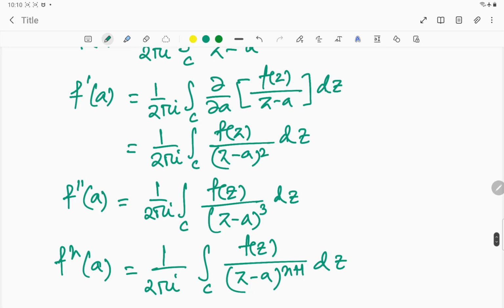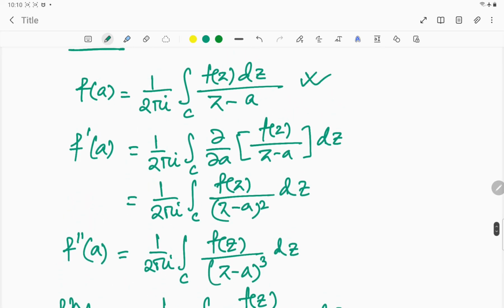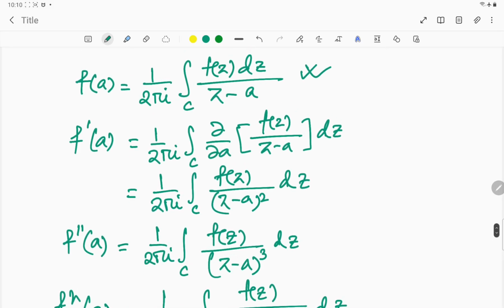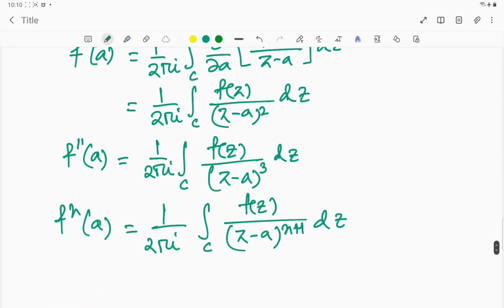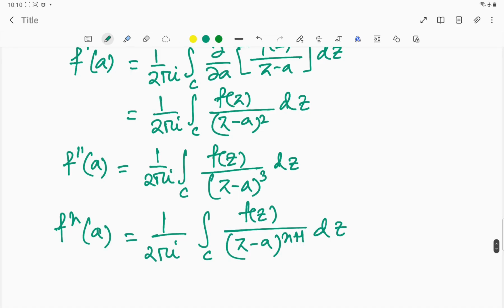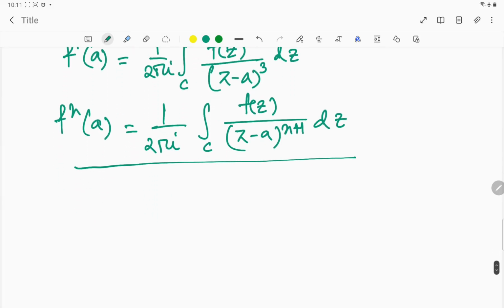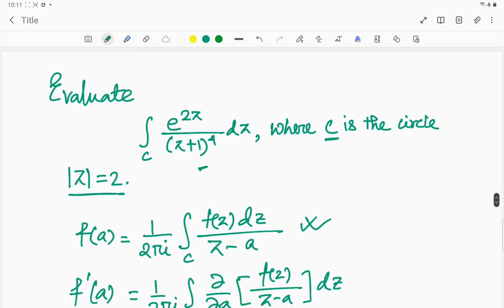So hope you have understood these things. I have used this Cauchy's integral formula and have done derivative with respect to a on both sides, and finally for nth order derivative you can get this result. So I shall use this to evaluate our integral today.